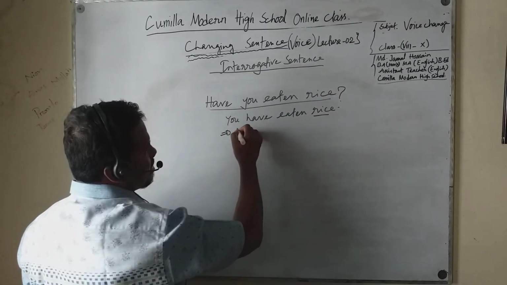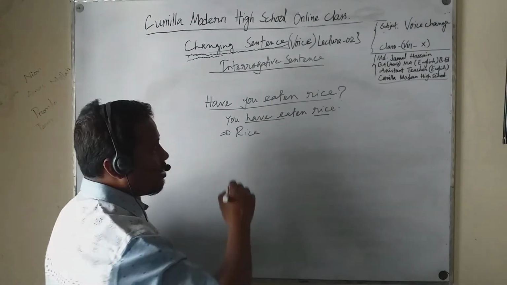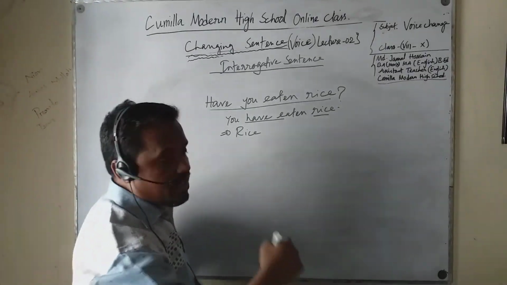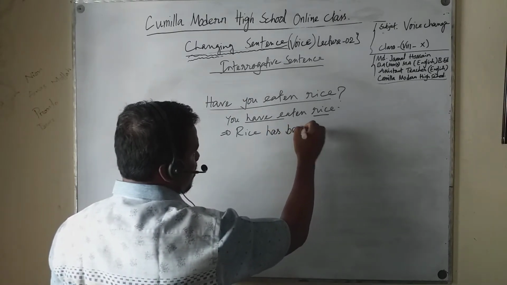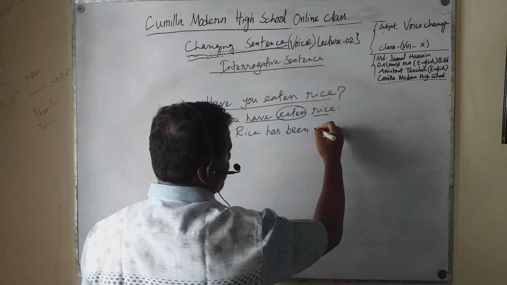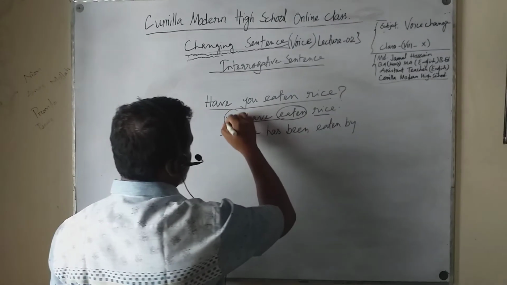Make it the subject. Rice. It is present perfect tense, and you have to use have been or has been. Rice has been, the main verb is in B3 form, eaten, by you.